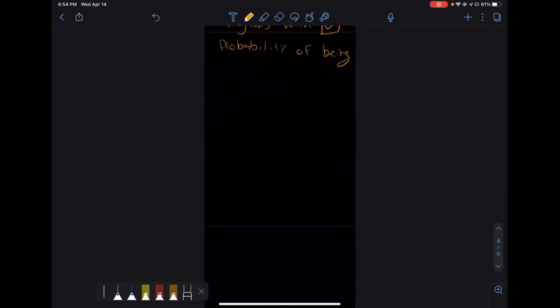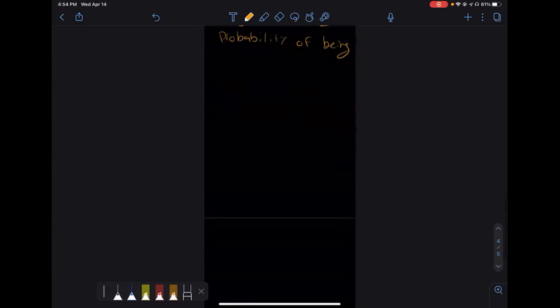Now, there are two kinds of nodes. The first is going to be a planar node. And the second is going to be a radial node. So what do those look like?